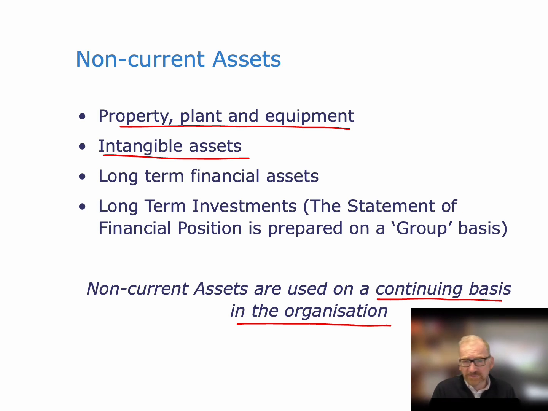We also have long-term financial assets in here. These can be long-term investments that we have, or derivative securities, things like options or stuff like that, that we're expecting to hold on to at least into the medium term. And then lastly, we have long-term investments. These are investments in other companies.